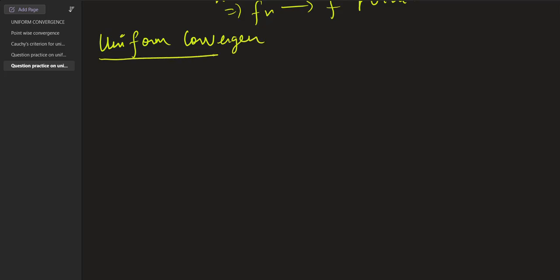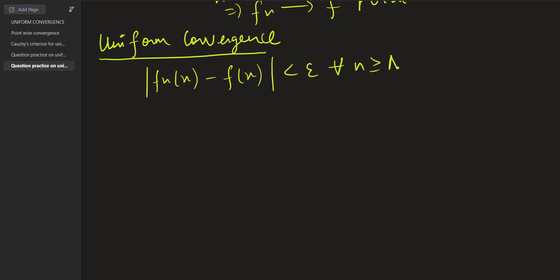For that we must know the definition of uniform convergence, which I taught you in my previous lecture, which is in this playlist only. So you can check that and get your knowledge from that. Fine. So in uniform convergence, by definition, the modulus of Fn x minus f of x must be less than epsilon for all n greater than or equal to N, where N is an integer.